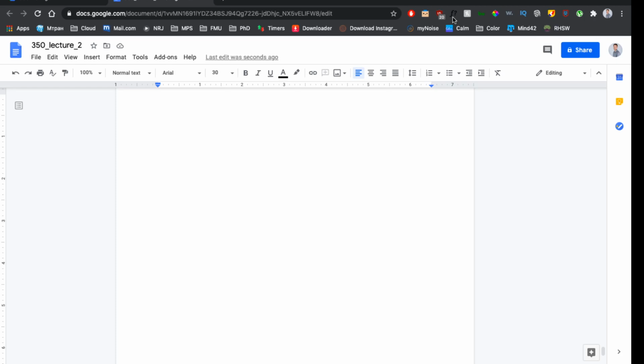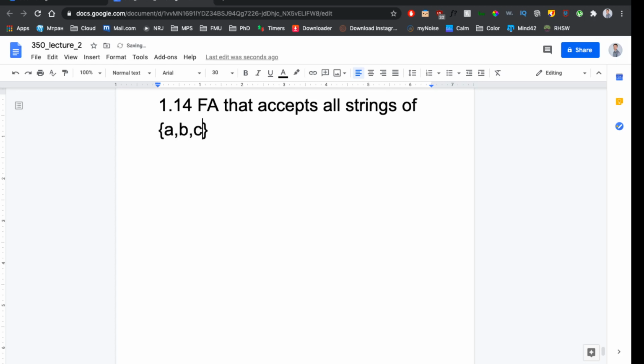So first off, let's do 114. We need to construct an automaton that accepts all strings over the alphabet A, B, C with ABC as a substring.